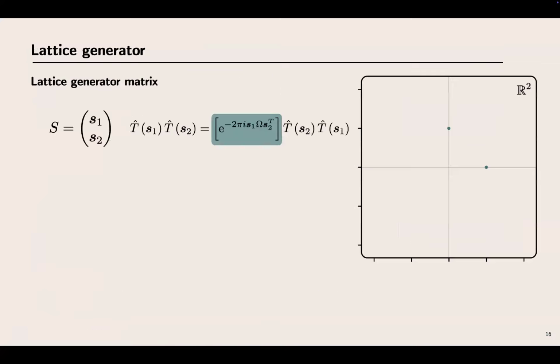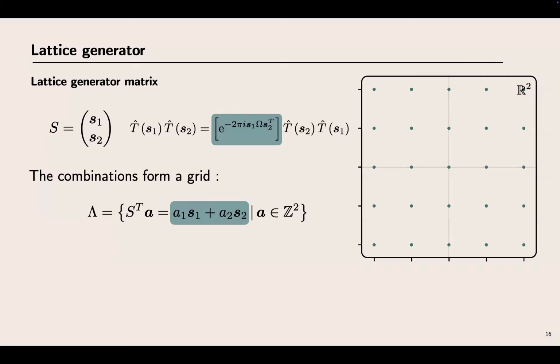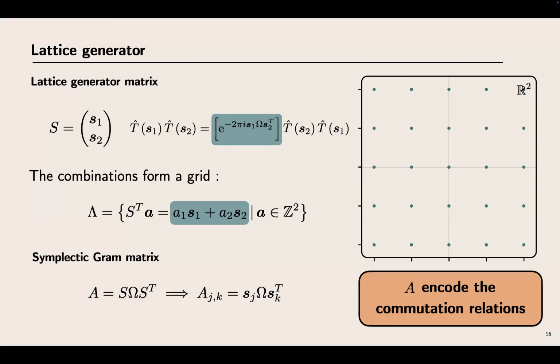Okay. And so if I take a set that all commute together, I can take any combination of them and they will also commute together, right? And so they define this grid in this space that, again, is not space. I know it looks like it, but it's not. And so it defines a grid. We can also define this A matrix, which is a symplectic Gram matrix, and it defines these commutation relations, all right?